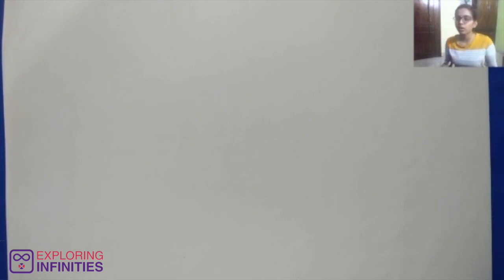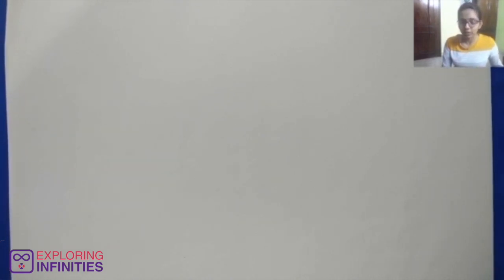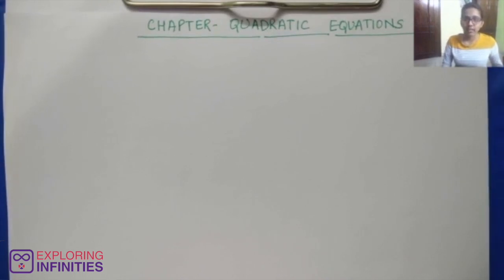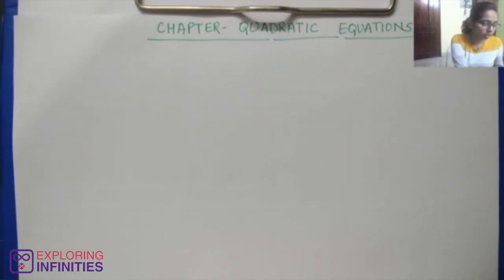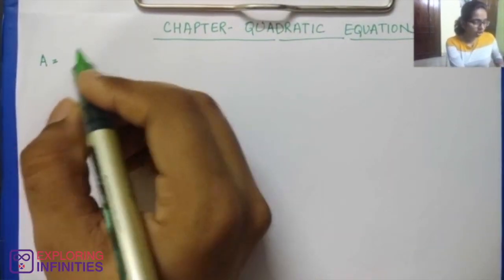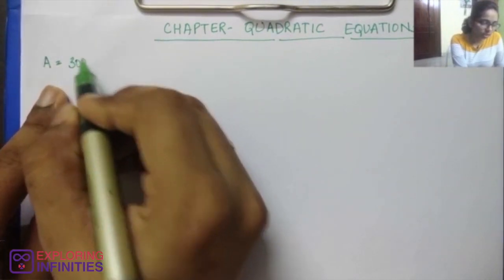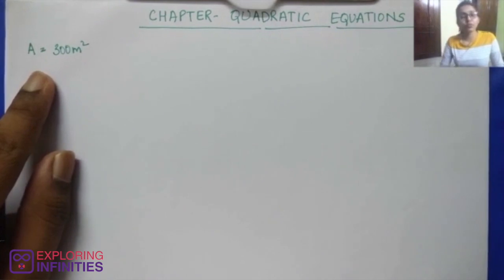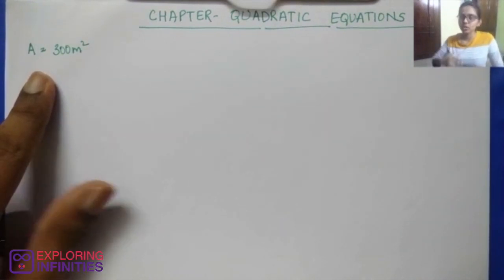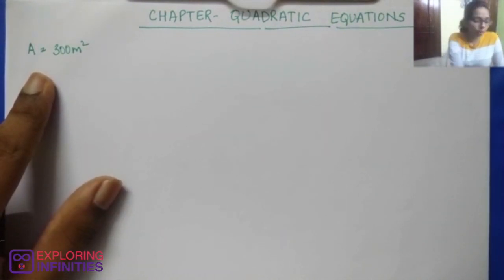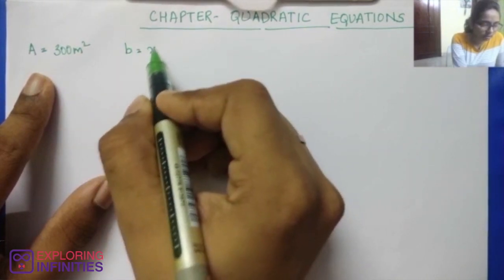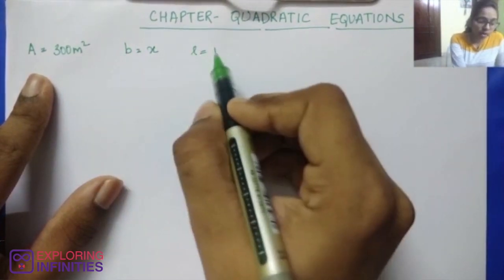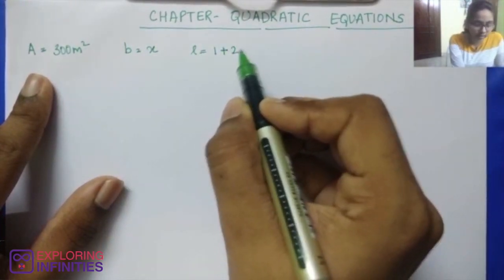You know how to deal with such word problems, right? So what do you have right now? You know that the area is 300 meter squares. The investor wants the length to be one more than twice its breadth. So you take your breadth to be x, then your length will be one more than twice the breadth, that's 2x + 1.